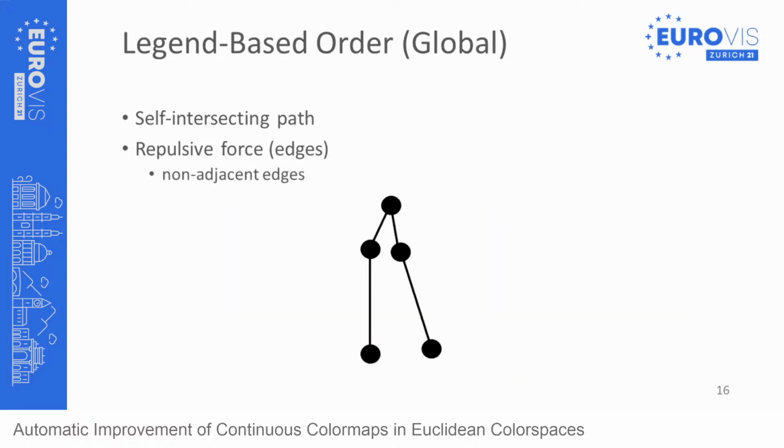To reach that, we modified the repulsive force of the local legend-based order algorithm. We check if non-adjacent edges of the graph are too close together, and if this is the case, we add opposing forces to the nodes of both edges.